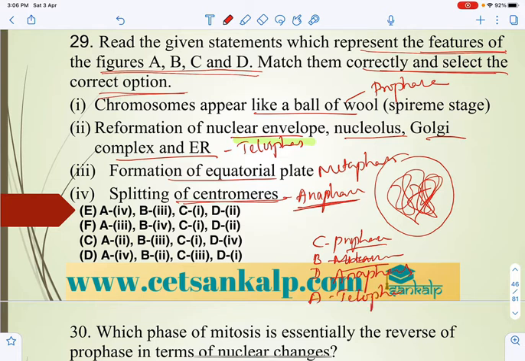Now we can say that is prophase A4. So this is splitting of centromere which takes place in the anaphase.